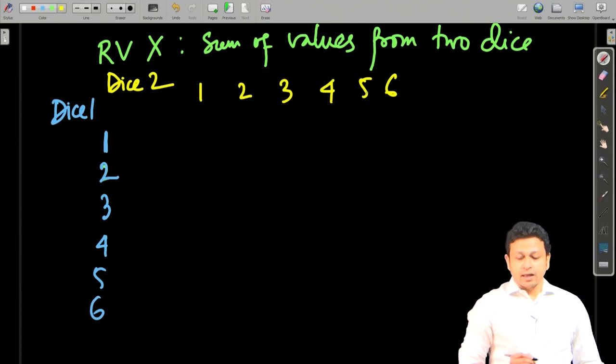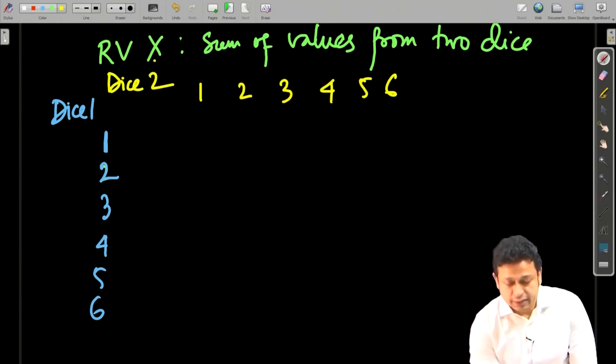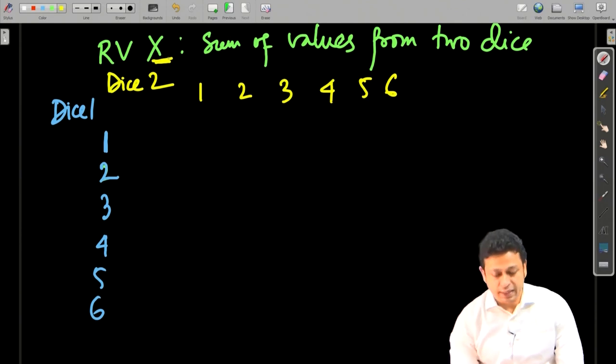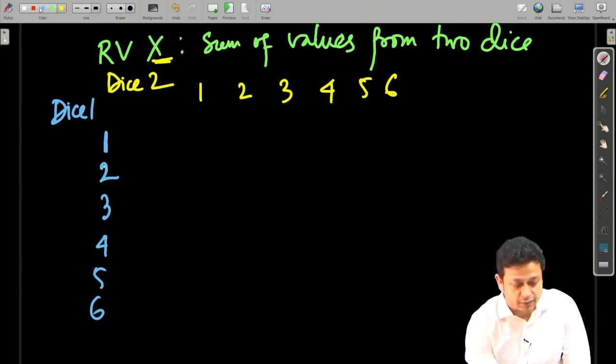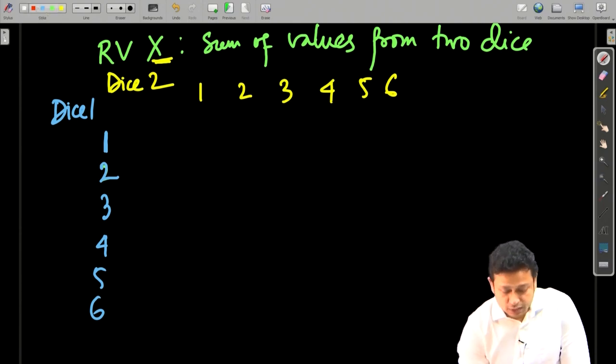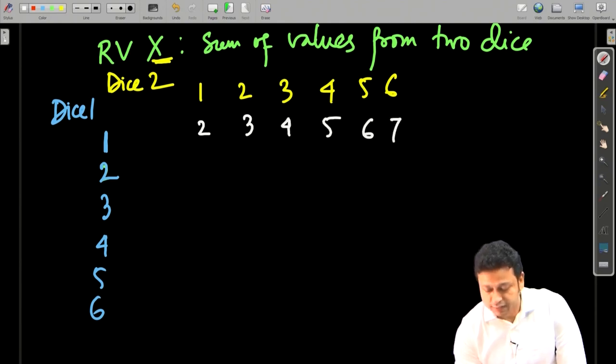Okay. Now, to get x, the sum of the values of 2 dice: if I get 1 and 1, I will get 2 here, 2 and 1 I will get 3, 4, 5, 6, 7.